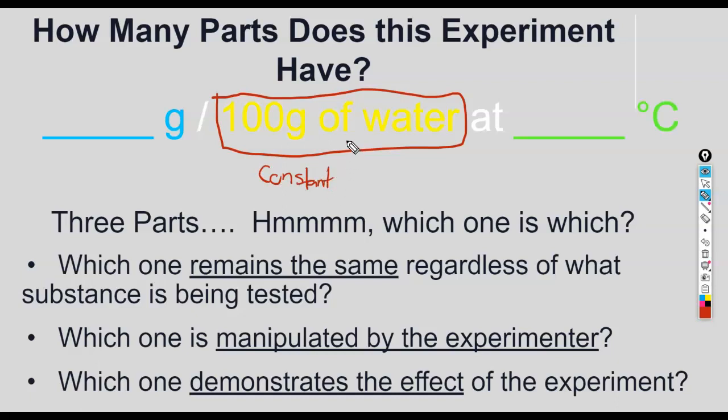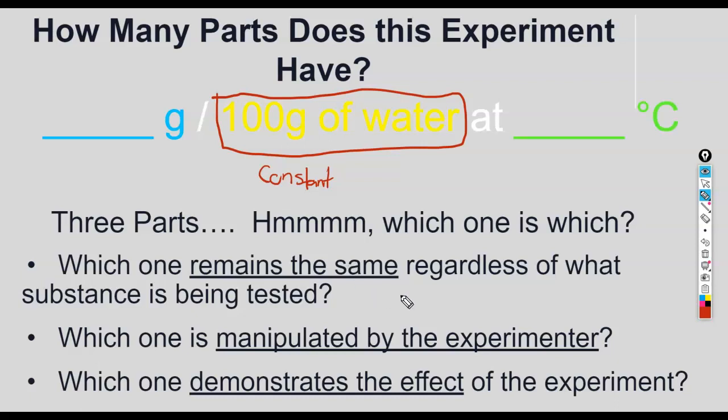Okay, and then the way they do the experiment is basically this. Let's say you have a solution and you're trying to dissolve solute into your solvent, and you do it at one specific temperature, and you find out how many grams you can dissolve into your solvent. And then what you do as the experimenter is you increase the temperature, and then you try to dissolve more solute into the solvent, and then you increase the temperature again, and you try to dissolve more solute into the solvent.